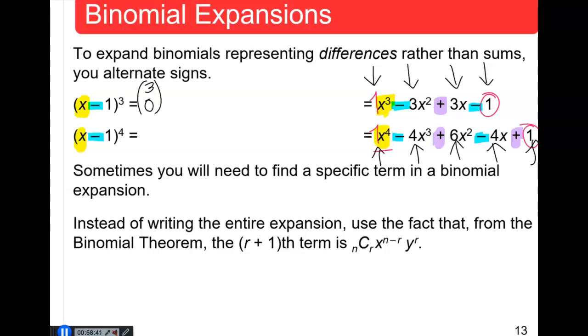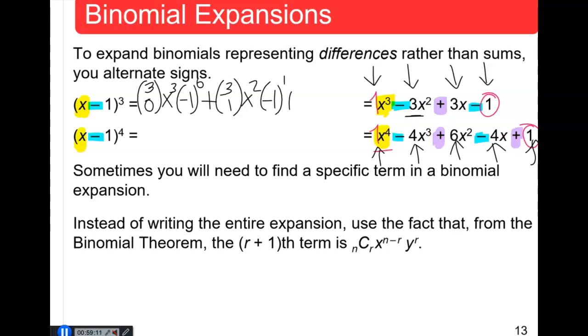And for the terms, it will be x to the power 3, and then the number negative 1 to the power 0. Then the binomial coefficient will be 3 choose 1. That's where this number 3 comes from. And then we will have x squared, and then the number negative 1 to the power 1.